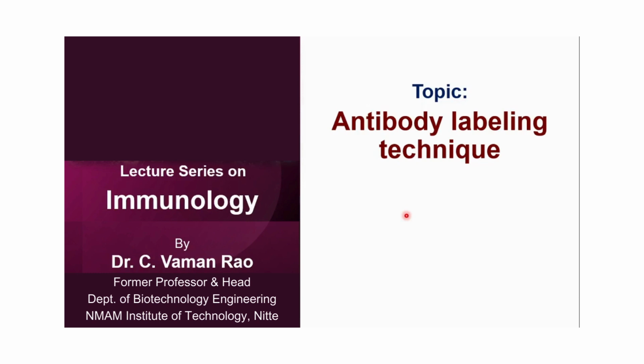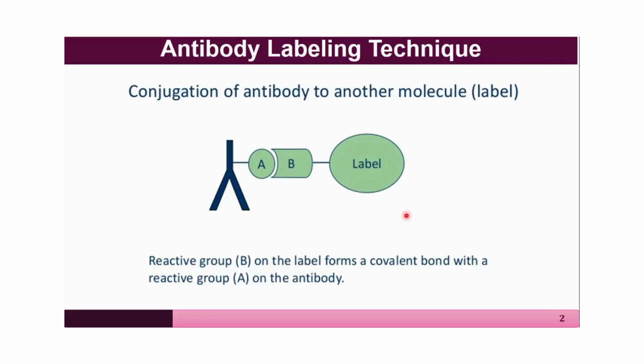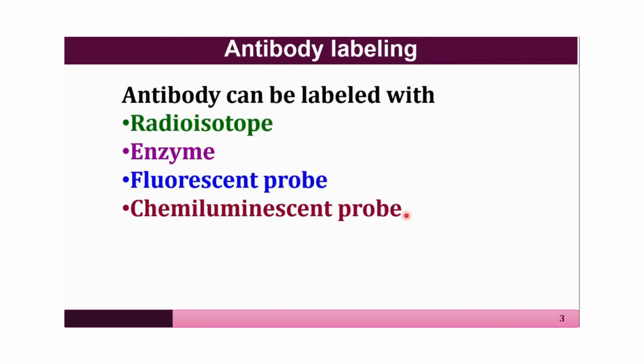And how to label these antibodies is by different techniques that involve labeling with a radioisotope, or labeling with an enzyme, or a fluorescent probe or chemiluminescent probe.